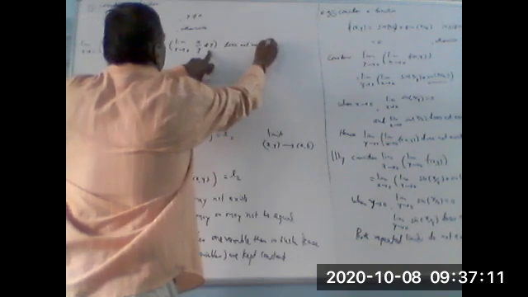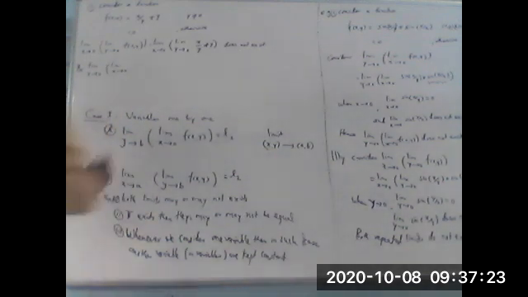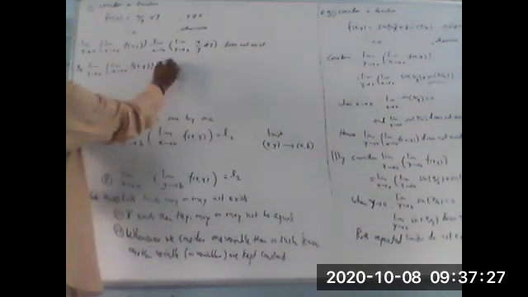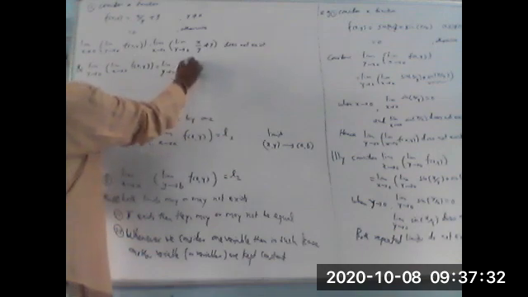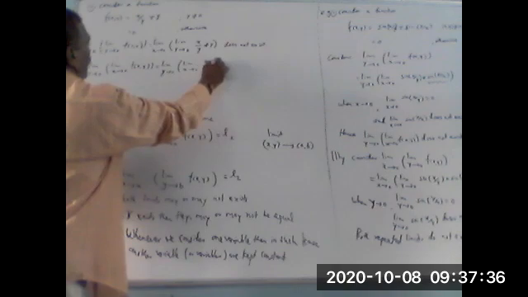Does not exist. And limit y tends to 0 of limit x tends to 0 of f of xy is equal to limit y tends to 0 of limit x tends to 0 of x upon y plus y.